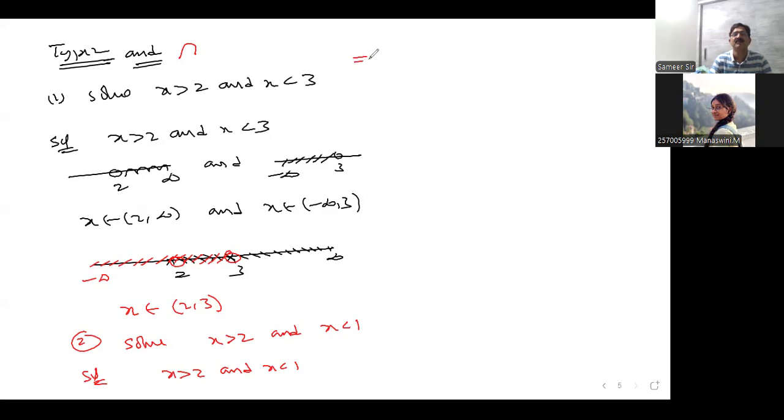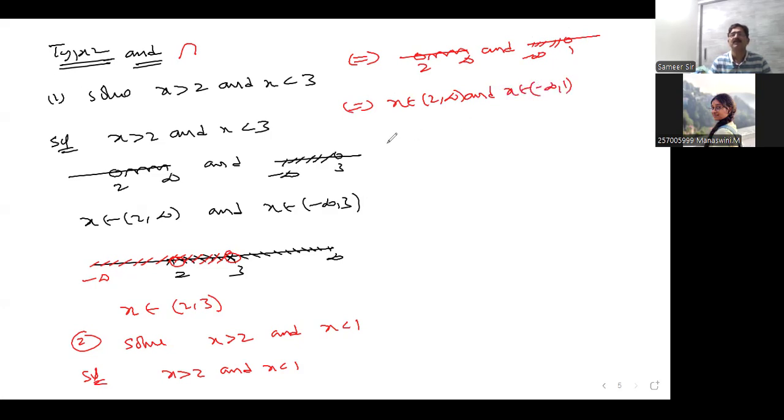So it may be like this: here 2 up to infinity, and here 1 going up to minus infinity. Then we can write x belongs to 2 to infinity and x belongs to minus infinity to 1. Both are open.